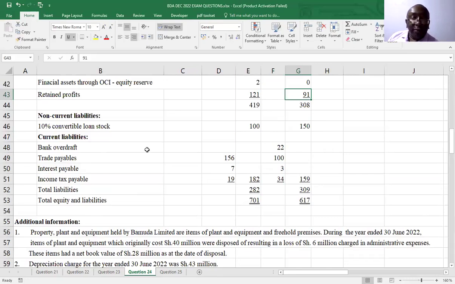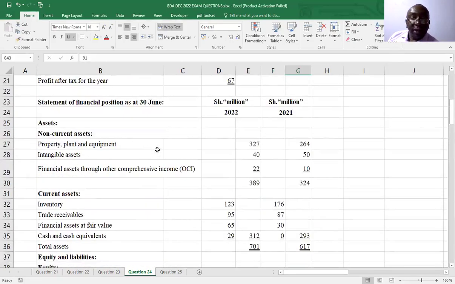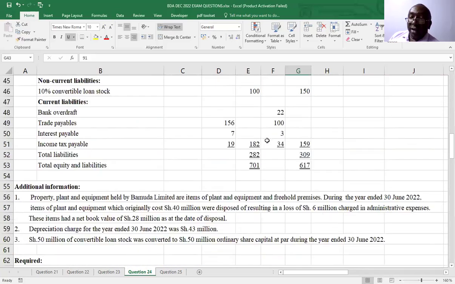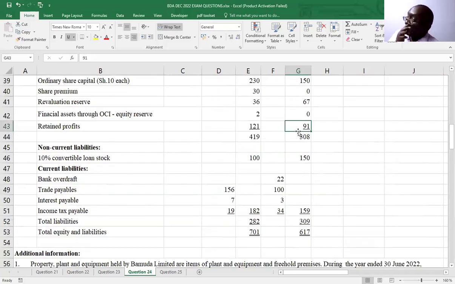Na tulitengeneza ngapi? Tulitengeneza 67. So kama hakukulipwa dividends, if we never paid dividends, we should have this 67 plus this 91. You see, that one is already 178. So sasa, but we have 121. So the balancing figure must now be what was paid as dividends.